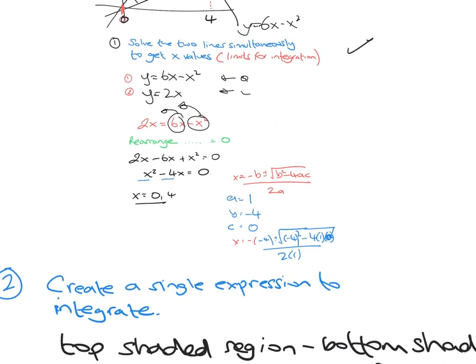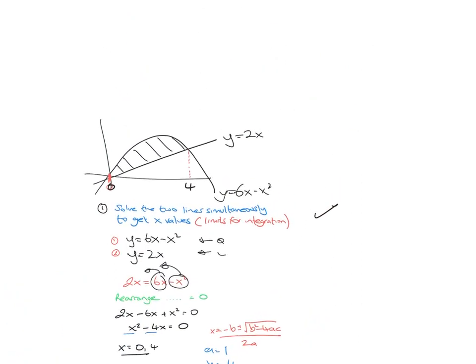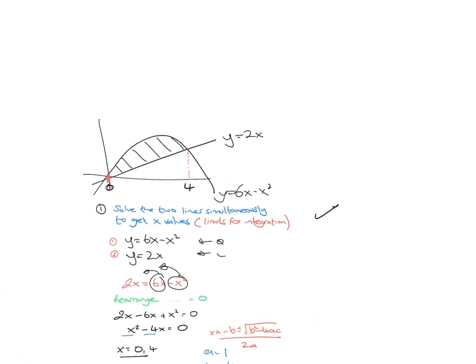So let's look. If I look back at my original curve up here, what do you see? Is the top part of the shaded region a curve or a straight line? Hopefully you'll be able to see that it is actually a curve. This bit here is a curve. The bottom part is a straight line. So the top part is the curve and the bottom part is the straight line.